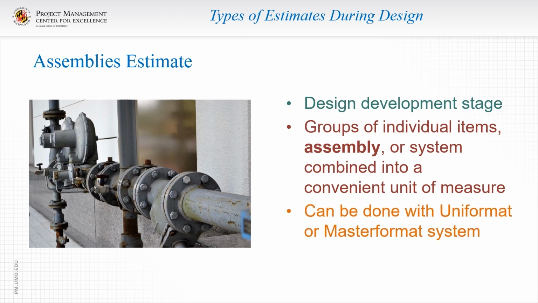However, you also can do it using the MasterFormat system, which is the CSI 50-division MasterFormat system rather than the 7-division Uniformat setup. I particularly like the MasterFormat system better because it gets you more in line with the way you will eventually do your unit price estimate per the CSI 50-division setup. And the assemblies estimate is generally done with approximately 10% accuracy.